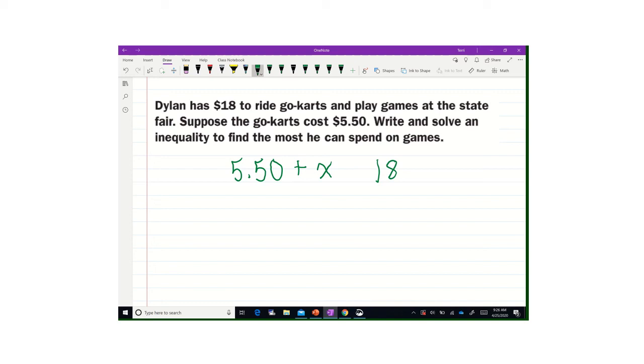Can he spend more than $18? No. Can he spend exactly $18? Yes. So I know it's going to be an is equal to. I know he can't spend more, so he has to be able to spend less than $18. So $5.50 plus some number is less than or equal to 18.